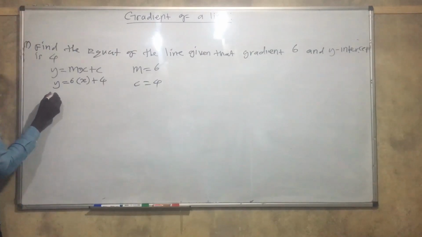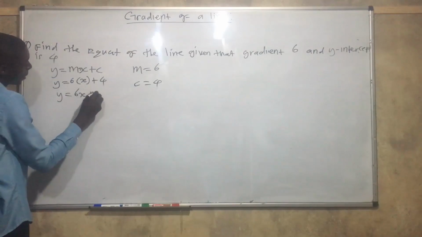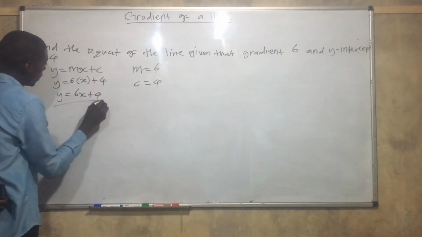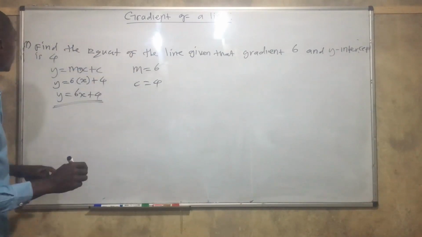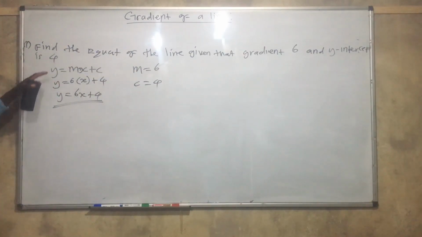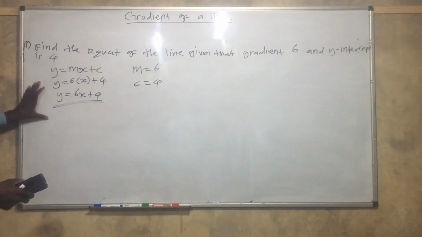So our equation will be y is equal to 6x plus 4. So this is an equation because we have been given the gradient and the y-intercept. We are told to find the equation of a line given the gradient and the y-intercept.